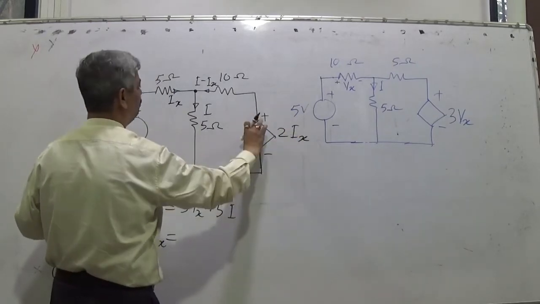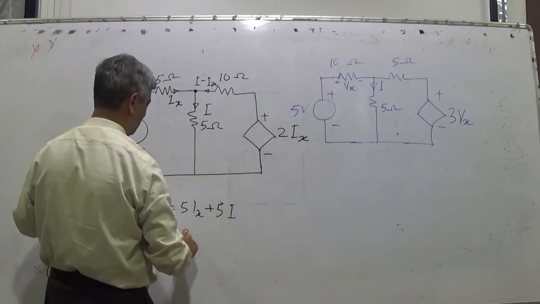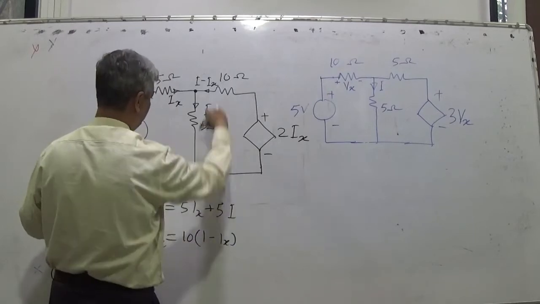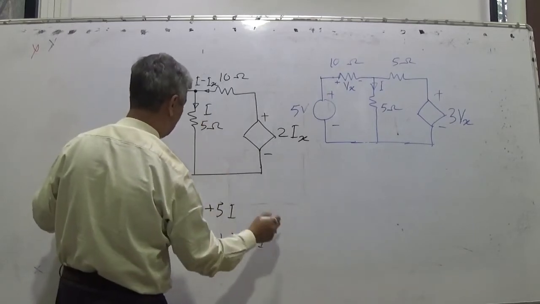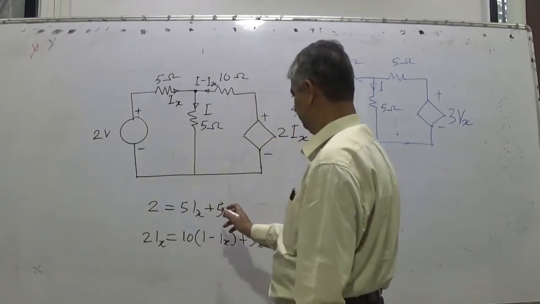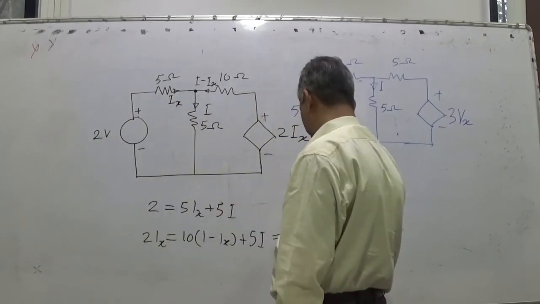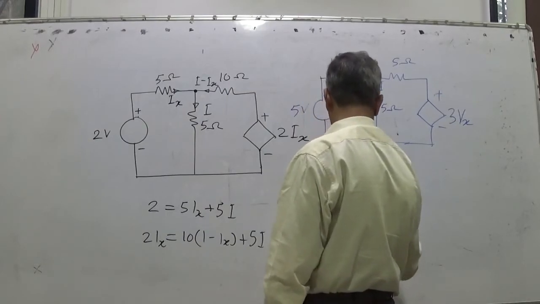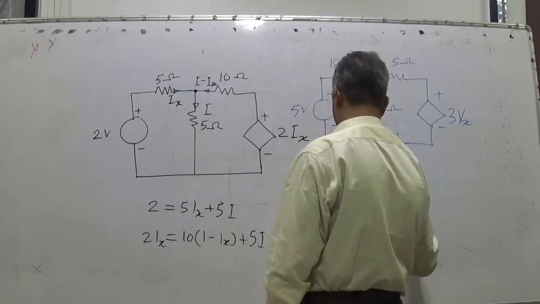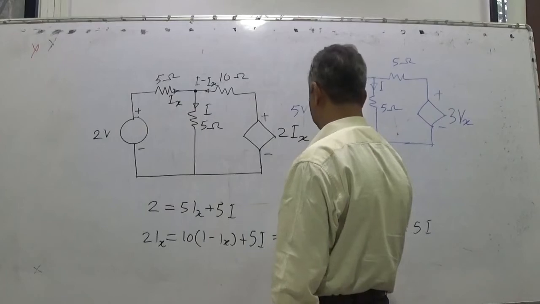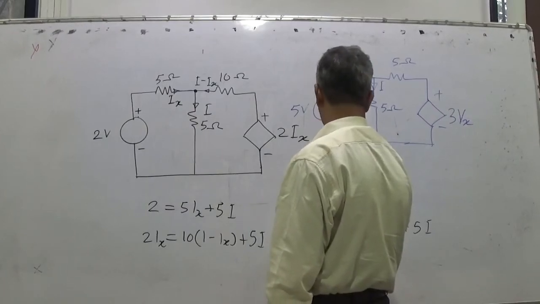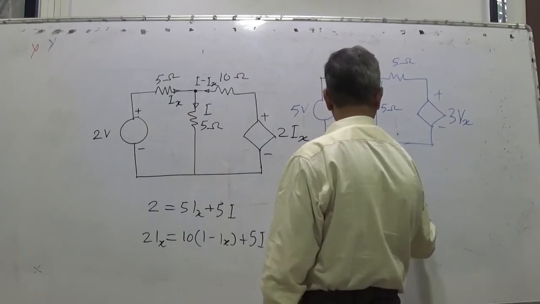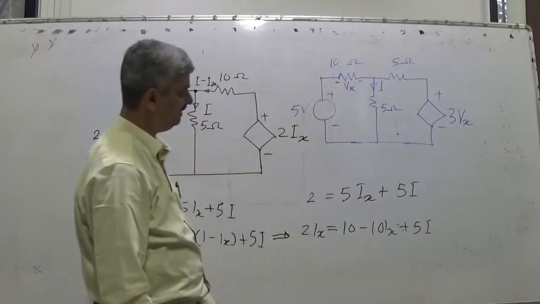Voltage source is 2Ix. 2Ix is equal to 10 into bracket I minus Ix plus 5I. So we can expand: 2Ix is equal to 10I minus 10Ix plus 5I. First, 2 was equal to 5Ix plus 5I. So now it is better.